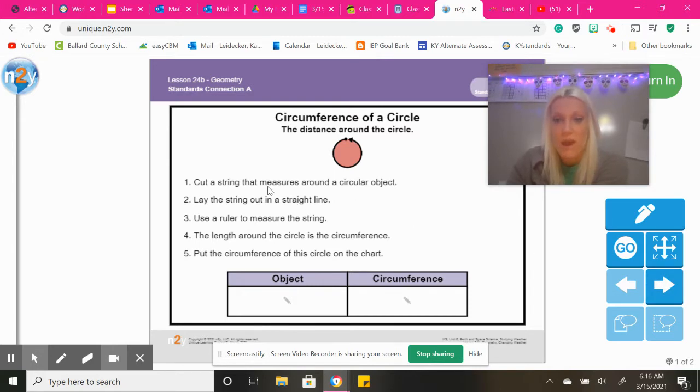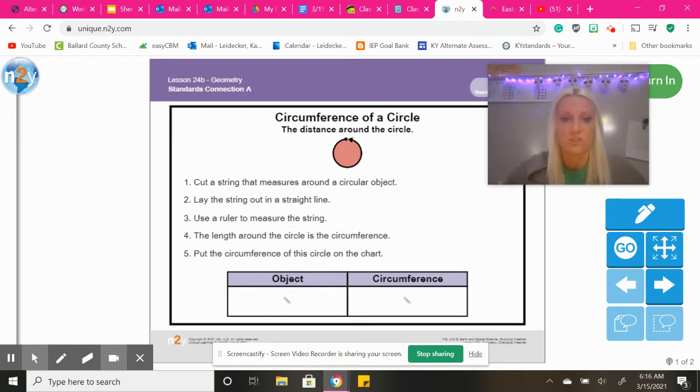So if you have this at home, I would do this. It says cut a string that measures around a circular object. Here at school, we'll probably use a pizza pan. So we're going to put the string all the way around your circle object.